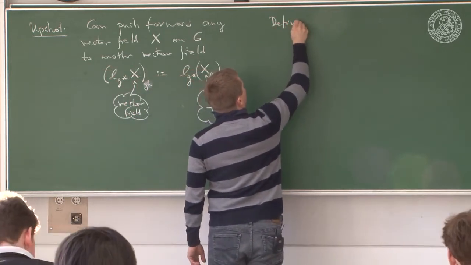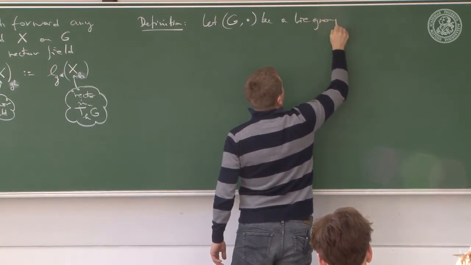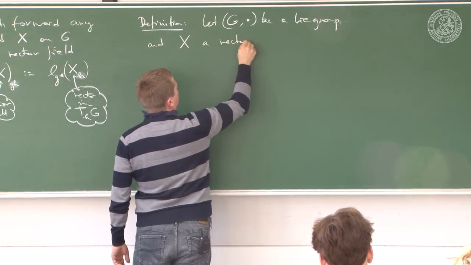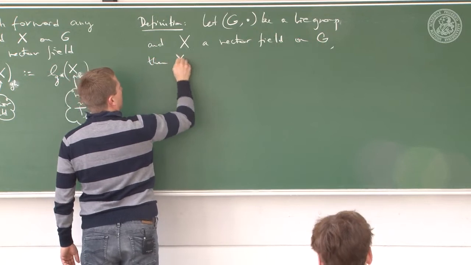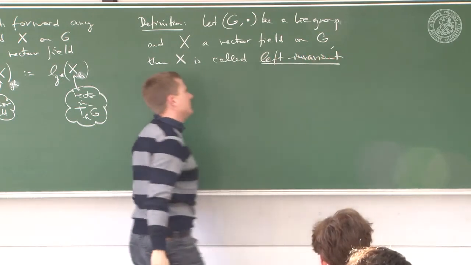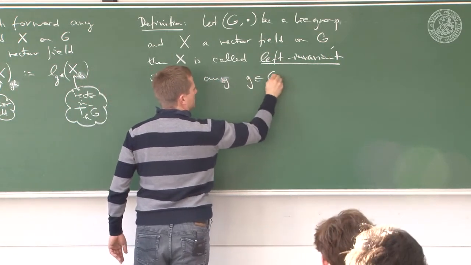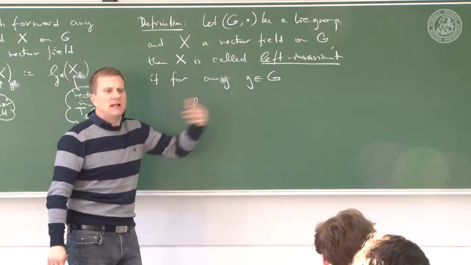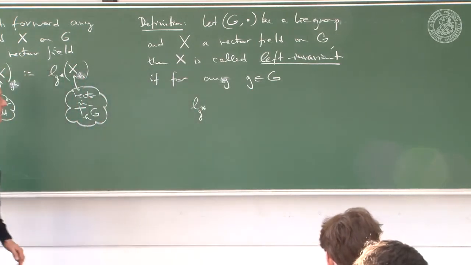So, definition. Let G be a Lie group, and X a vector field on G. Then X is called left invariant, a left invariant vector field, if for any g in G that I choose, the action of L sub g, which if it acted on an element in G would just multiply it from the left by g, very trivial, but that's a smooth map, even a diffeomorphism from G to G, so I can actually apply the push forward that's associated with that.